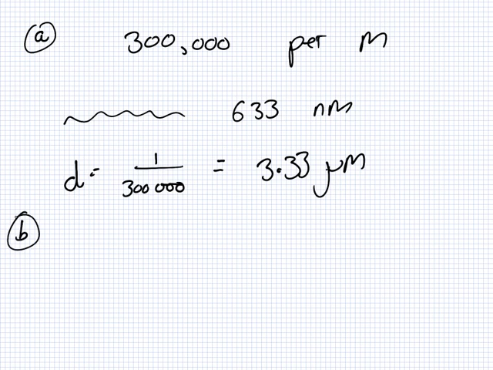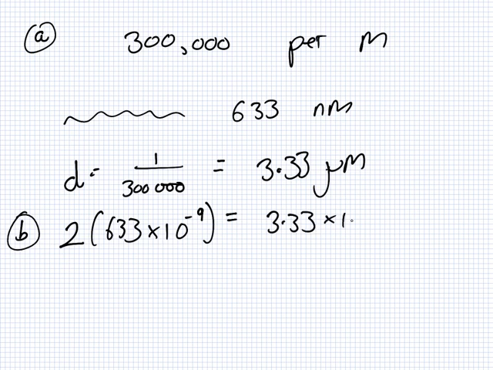B. What's the B part, Andrew, please? Determine the diffraction angle for the second order of the red line. Right, so that's using the formula n lambda equals d sine theta, and theta is what we want.